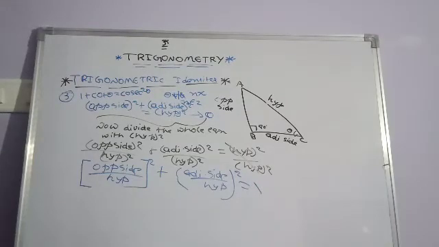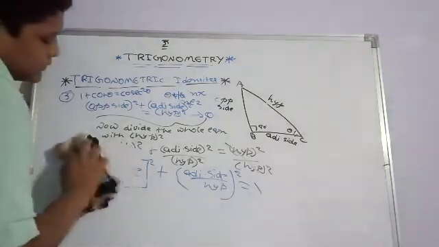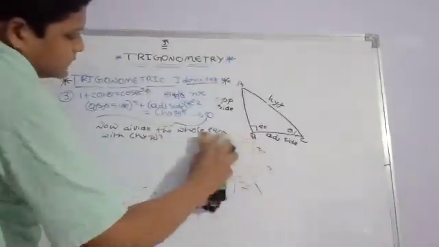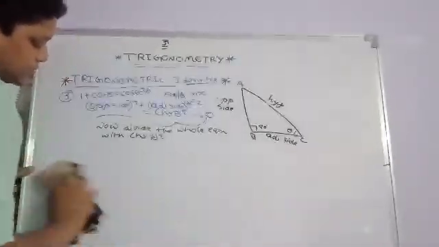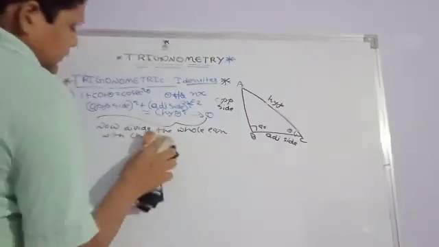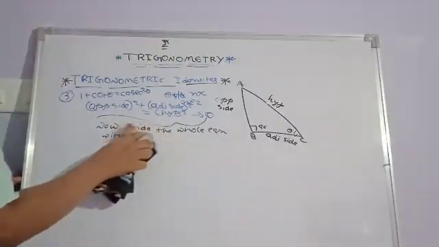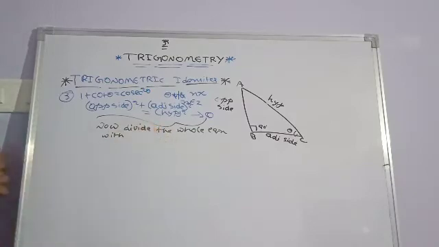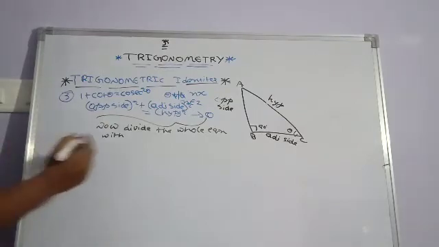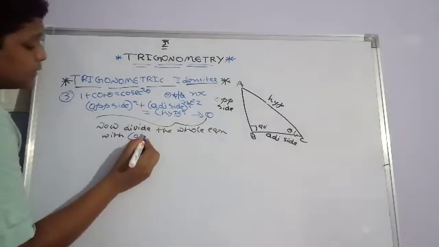I think we have made a mistake somewhere. I was a little bit confused. We must divide with opposite side whole square.